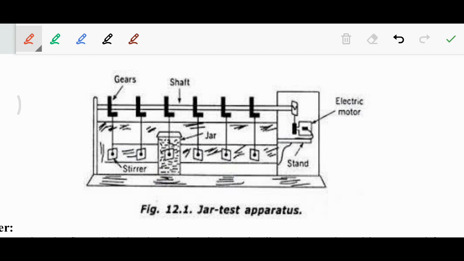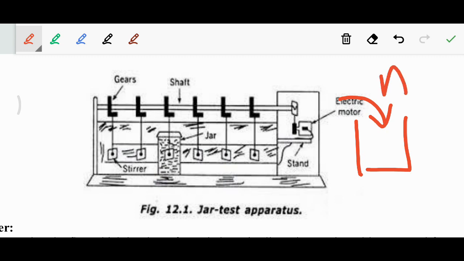Next, we are adding coagulant, some chemical, let's say alum, to jar 1, or beaker 1.